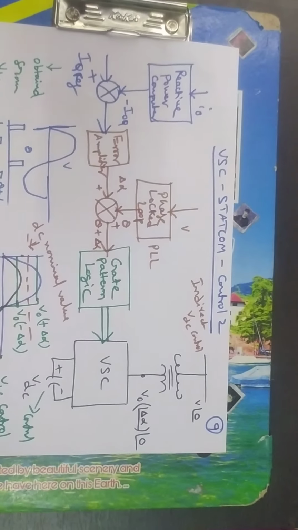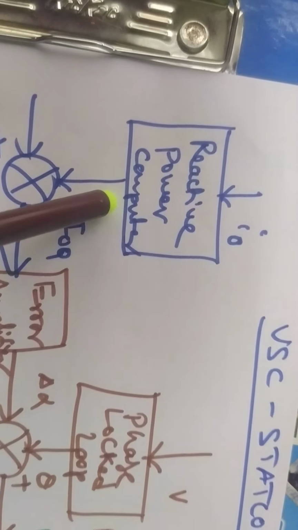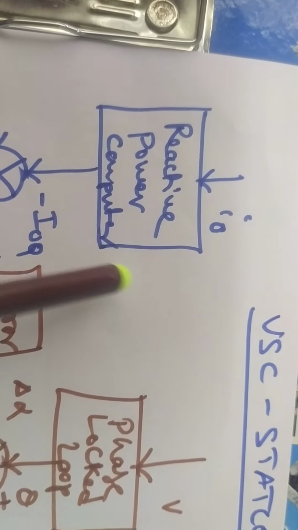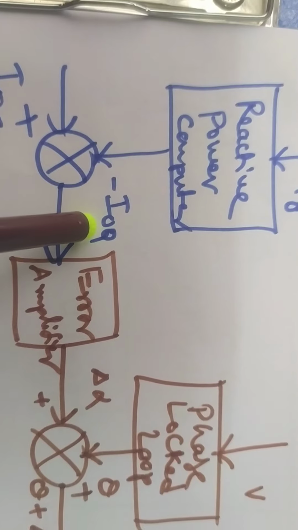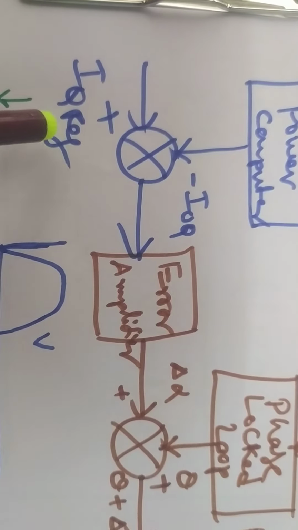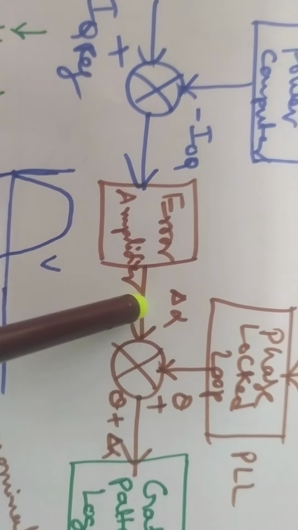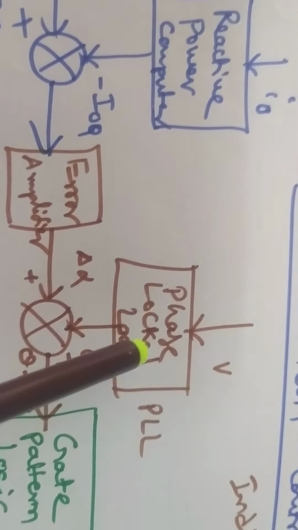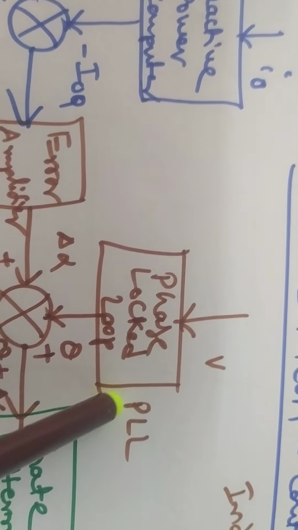So what is the control circuit? From I0, the output current, the reactive power computer, we can get the reactive current I0Q, which can be compared with the IQ reference. The error is given to the error amplifier in order to generate the delta alpha, and this delta alpha is synchronized with the system by using the output voltage with the phase lock loop.